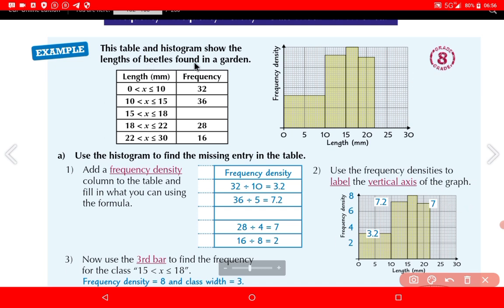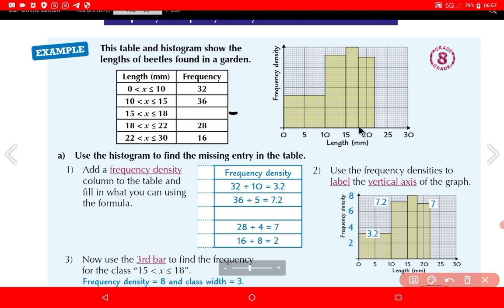Use the histogram to find the missing entry here, meaning we are trying to find the frequency here. From 0 to 10, there's a frequency of 32. 10 to 15, which is this bar we are looking at, there's a frequency of 36, and then 15 to 18, here is where we have nothing at all.